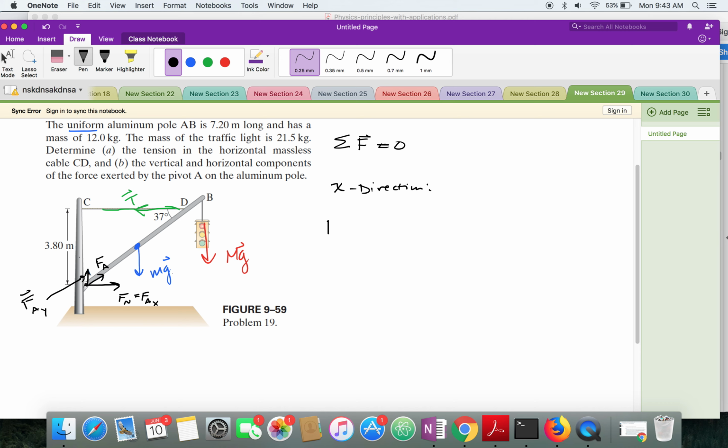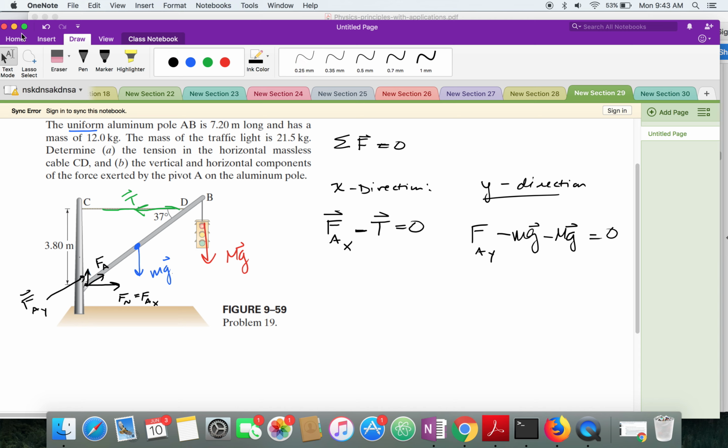So I could write something like this: FAX minus the tension equals 0. And then in the y direction, what we have is these two are going down, and then we have FAY going up. So we have FAY minus little mg minus big Mg equal to 0. Okay, so those are two equations right there.